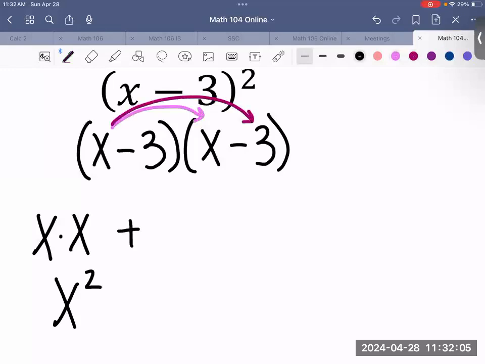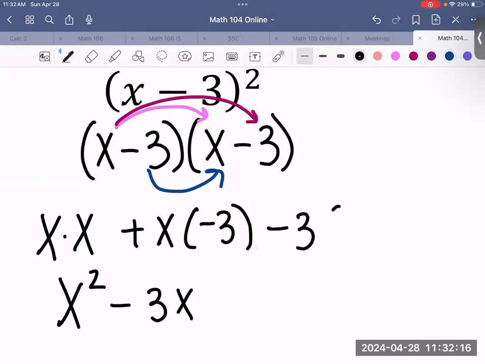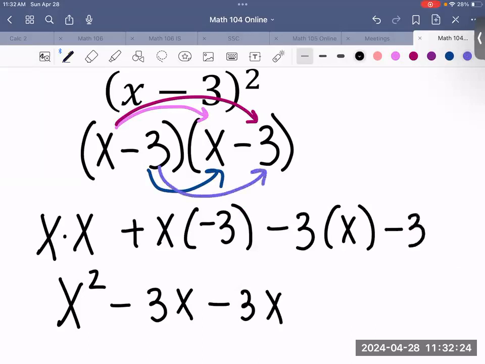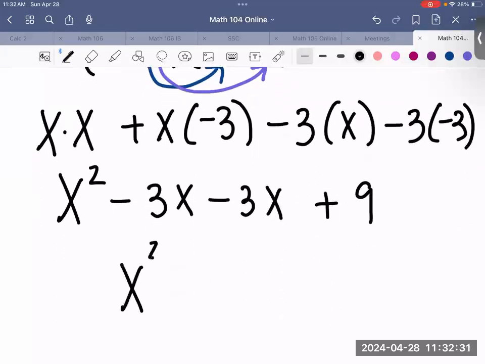We have plus x times -3, times these two terms, the two middle ones, -3 times x, and the remaining. And combining your like terms. And there you go.